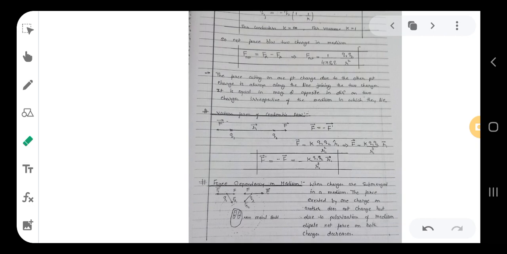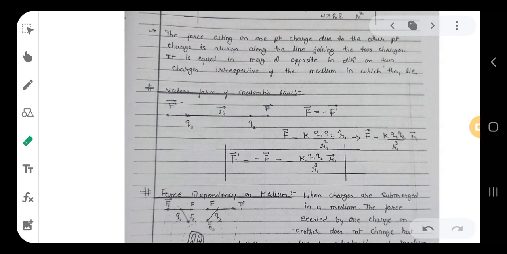We can also write Coulomb's law in vector form. Here, in vector form, we always consider the direction in which the force acts. Let us take F1 and F2.